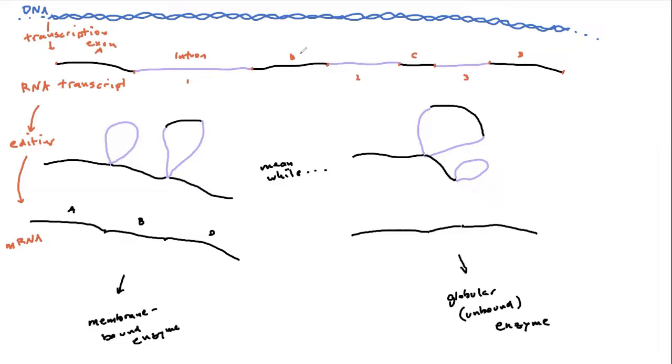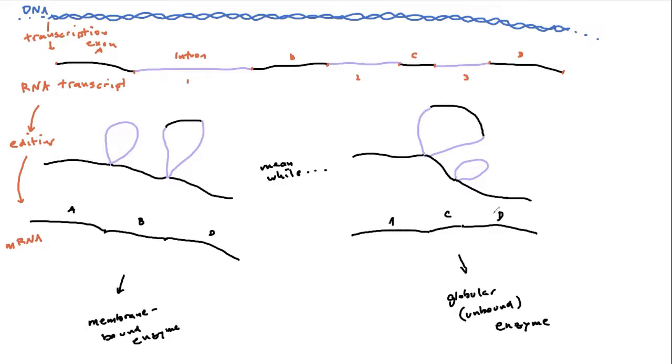Oops, that was the wrong color. It should be black. A little longer, and that's how we end up with a different messenger RNA. This one contains A, C, and D.